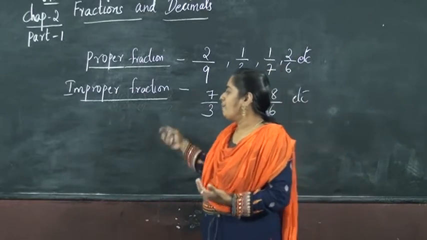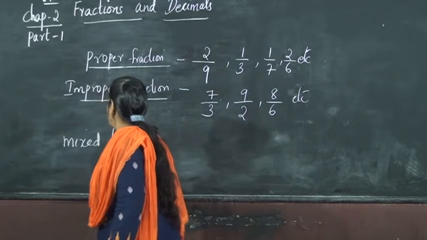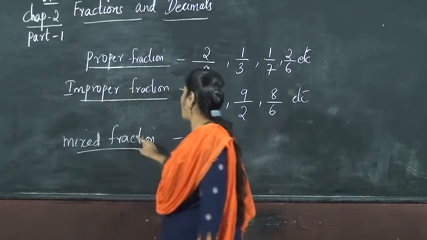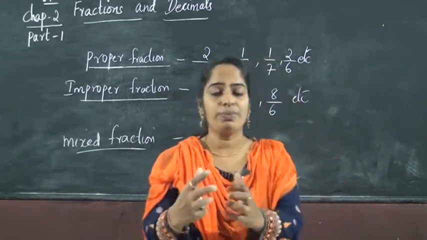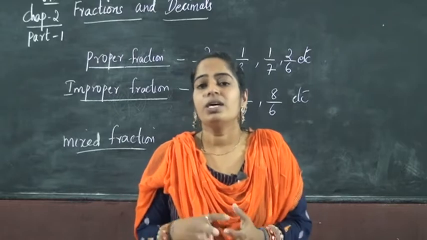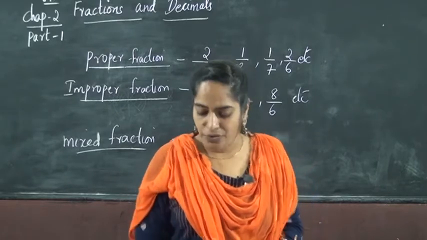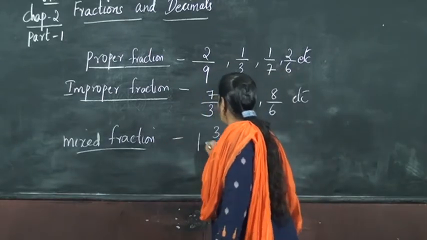Next we studied the mixed fraction. What is meant by a mixed fraction? This also you studied in 6th standard. It is mixed, isn't it? Here the fractions will be mixed. You can write it as 1 3/4.